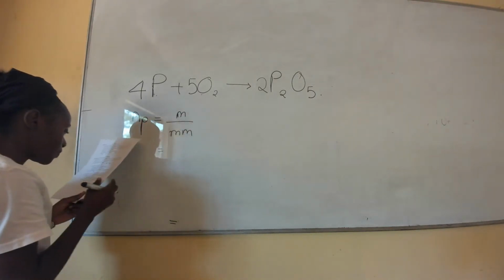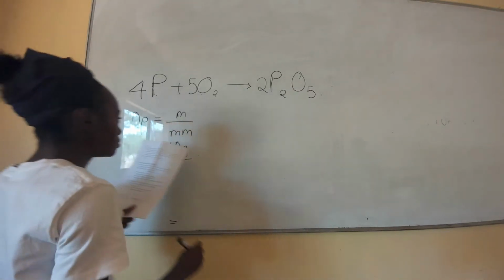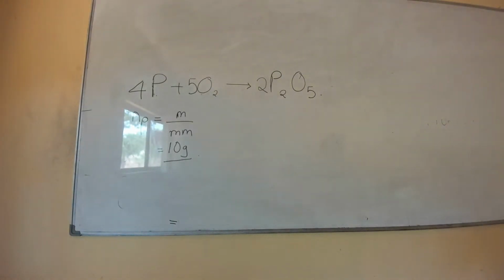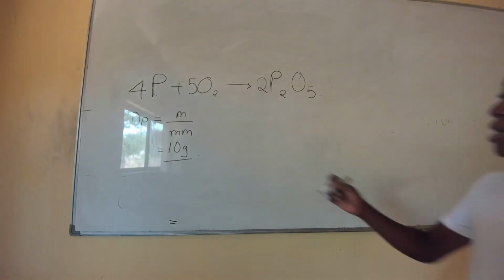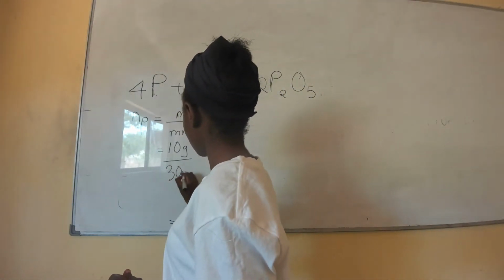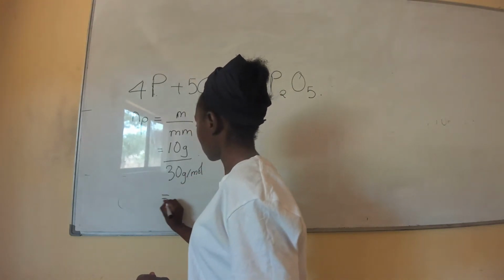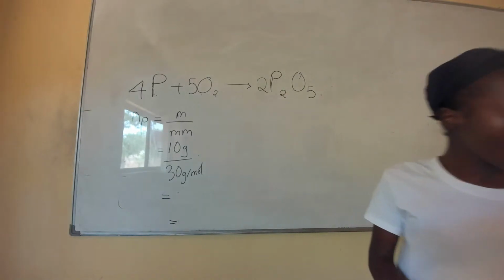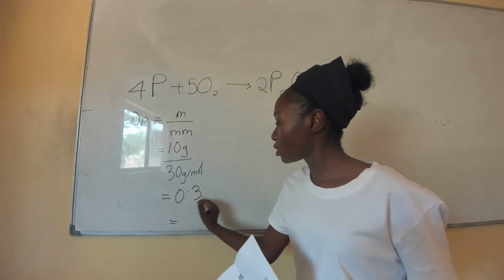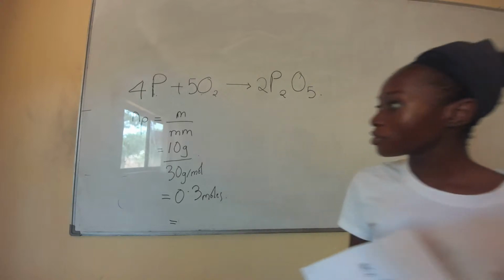We've been given the mass as 10 grams, and the molar mass of phosphorus is 30 grams per mole. After dividing, it must give us 0.3 moles.